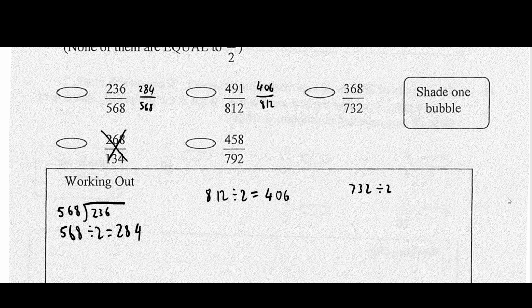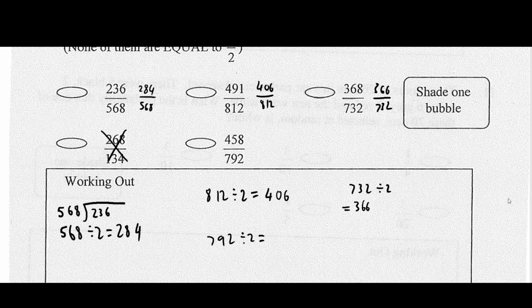Yet 732 divided by 2 gives 350 plus 16, 366. So 366 over 732. All right. 792 divided by 2 is, so it's 350.